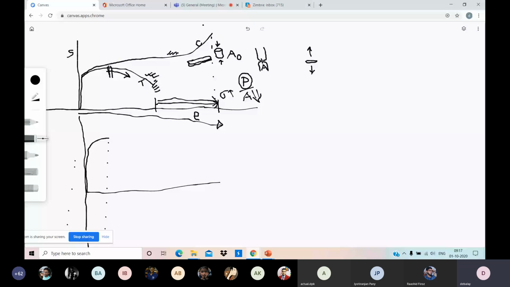If there is a defect formation, suppose 2-3 voids coalesce and they form a small crack. A crack always grows in tension. Because if there is something like this, how can it grow if you apply tension?